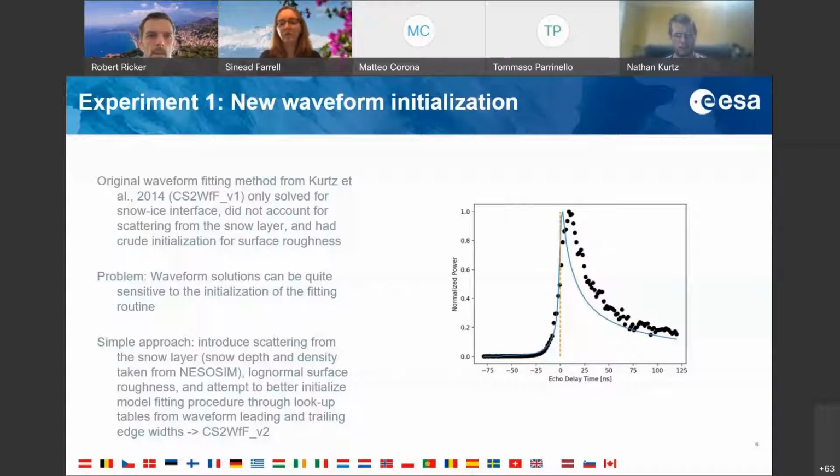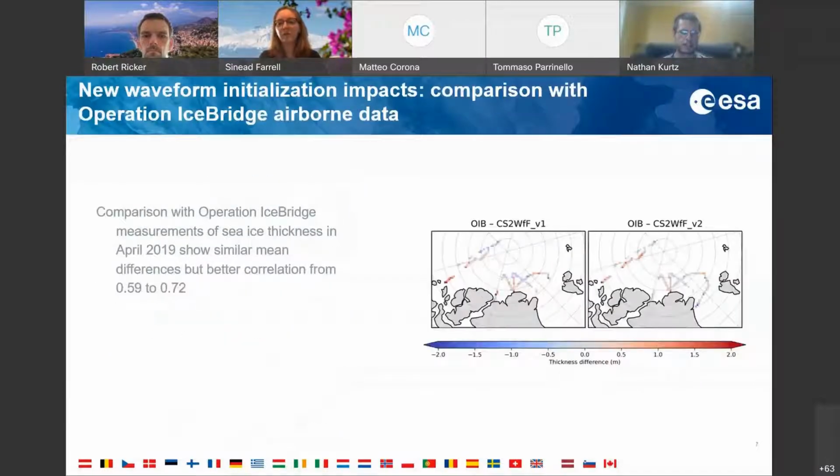Again, we moved to this log normal surface roughness because that is expected to improve the behavior here. And then we saw whether we can better initialize the model fitting procedure using lookup tables based on the widths of the waveform leading and trailing edge to fit the model. We call this version 2 of the waveform fitting method.